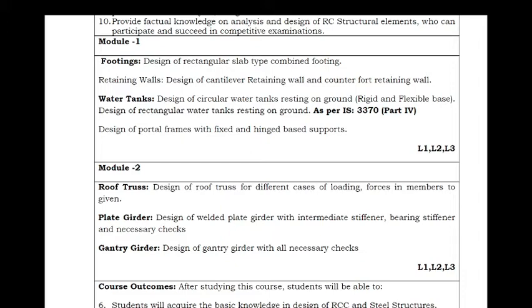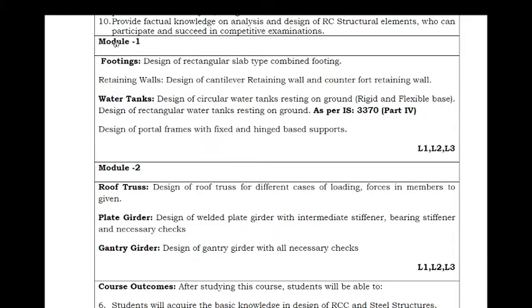Then you may have designed a slab, one way slab, two-way slab, and you may have designed a staircase, and columns, that is long wall, short wall. So these designs you should know already, because this subject has a prerequisite.